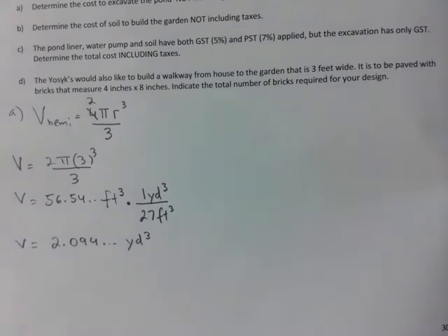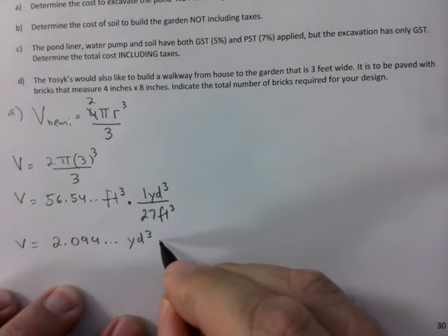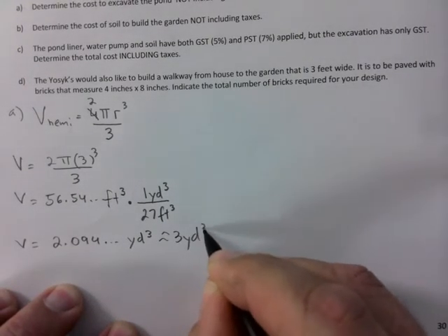This is actually fairly easy to figure out the cost. How many cubic yards am I going to have to pay for to the company that's excavating? You have to go to the third, because when they do the math, they say, hey, your pond is above 2 yards, so we're going to charge you for 3 cubic yards. So in this case, it's very easy to figure out. So approximately 3 cubic yards.